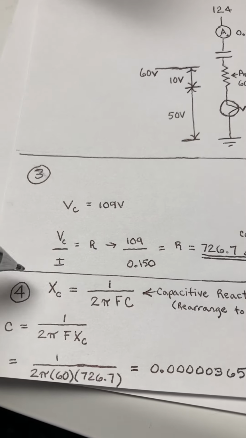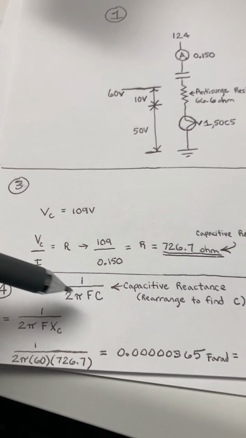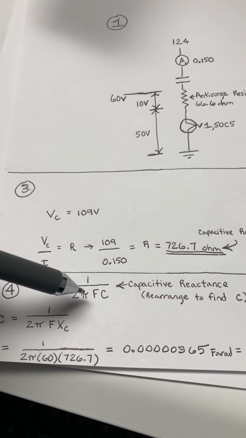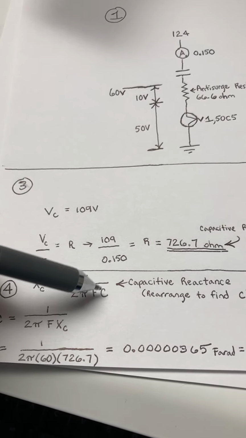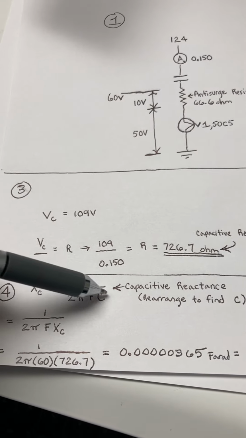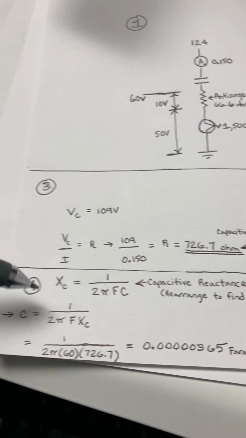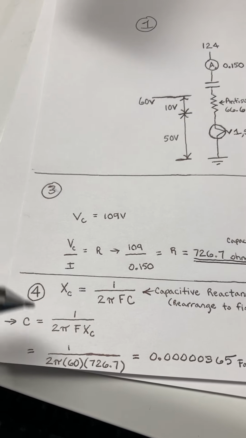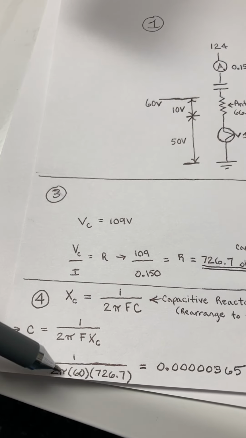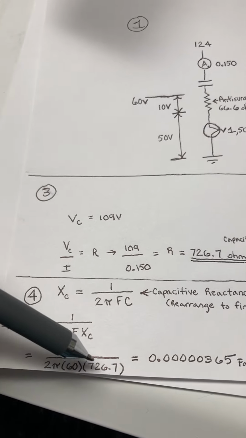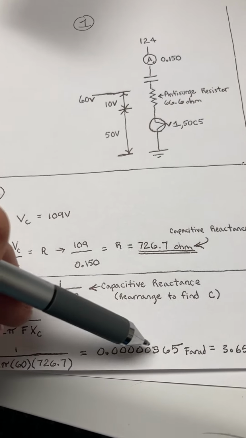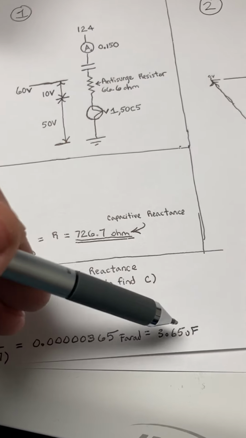Here's the equation for capacitive reactance. Reactance is equal to 1 over 2 times pi times frequency times the capacitor value. Since we want to know what this capacitor value is, I've rearranged it: 1 over 2 pi f times reactance. 1 divided by 2 pi times 60 frequency times reactance, which we found out here, is going to be equal to this farad, or this in microfarad.